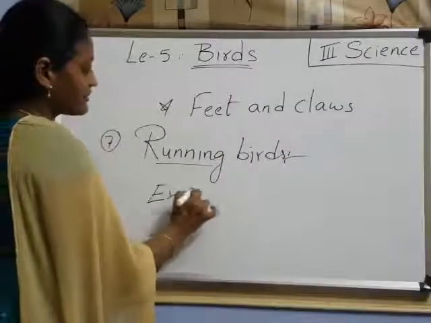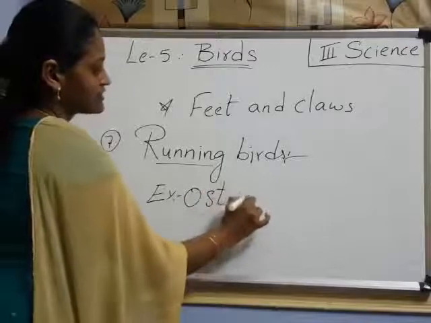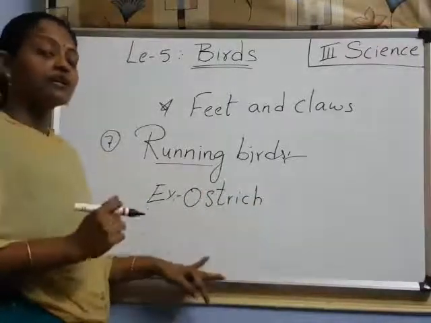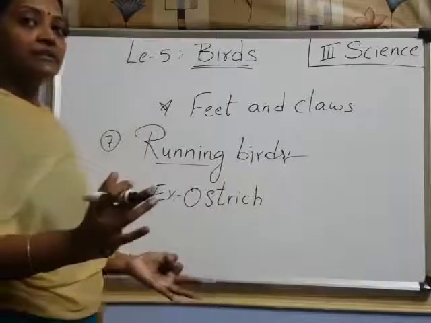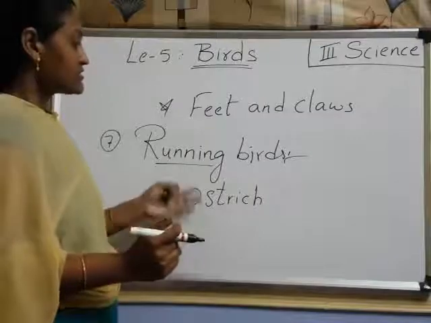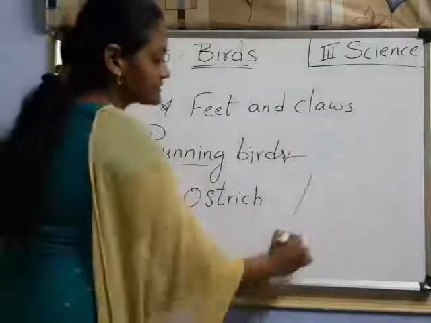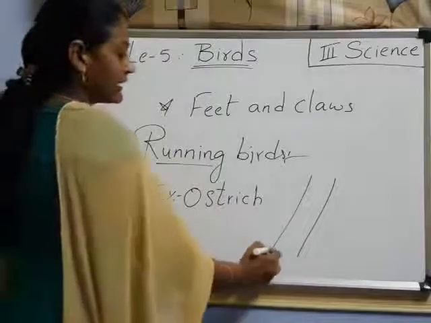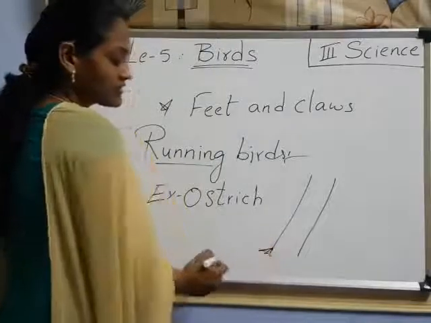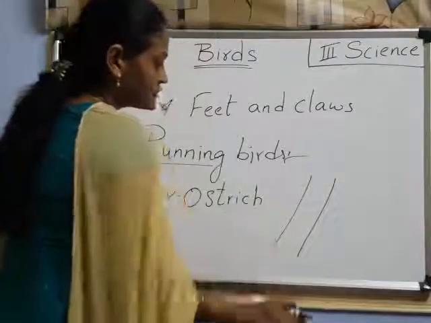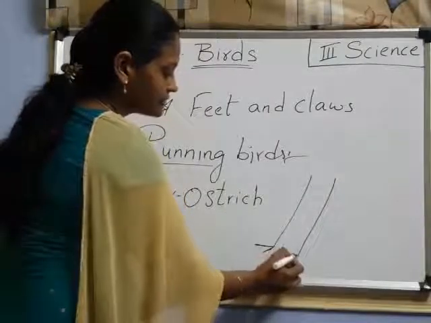For example, mainly, children, the ostrich. The ostrich is the biggest bird in the world, very huge and big. This ostrich has long legs, the feet are very long, and it has only two toes, children.